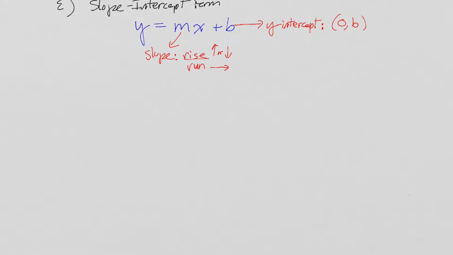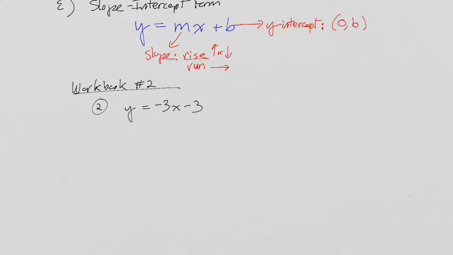Alright, so knowing that, let's go ahead and do number 2 in your workbook. So it is negative 3x minus 3.